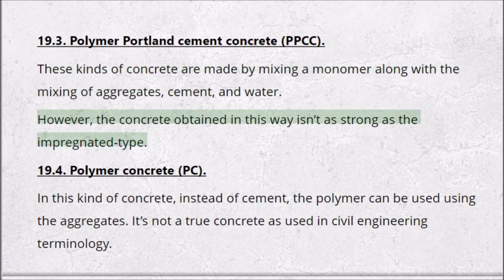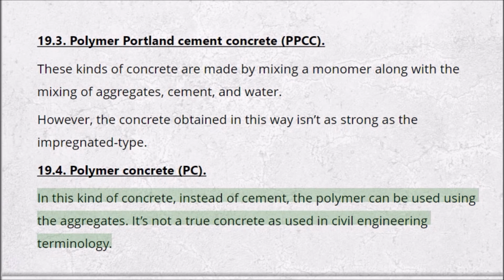However, the concrete obtained in this way isn't as strong as the impregnated type. 19.4 Polymer concrete, PC. In this kind of concrete, instead of cement, the polymer is used with the aggregates. It's not a true concrete as the term is used in civil engineering.